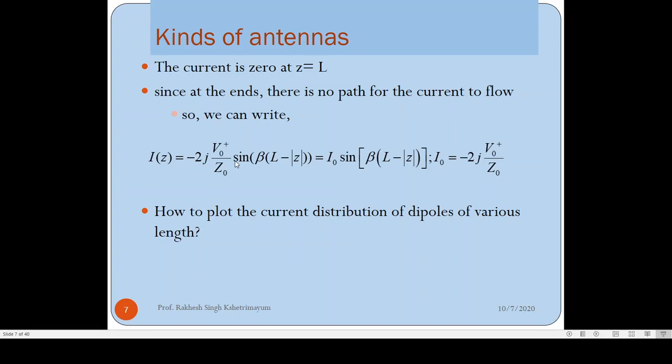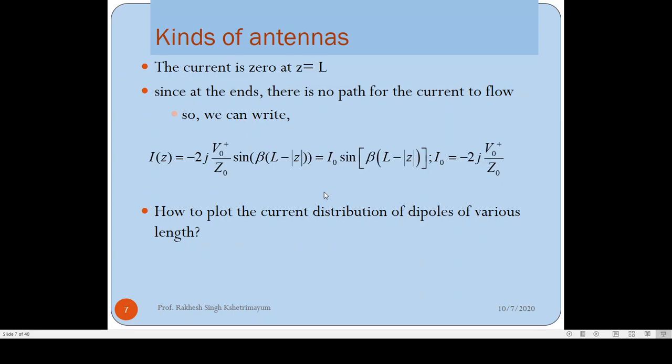So current should be equal to 0 at the two ends of the conductor, and that is satisfied by this expression you have for the current along the dipole antenna. And you can even simplify this expression by putting I0 equal to minus 2j V0 plus by Z0. Then in that case I(z) will become I0 sine of beta times (L minus modulus of z).